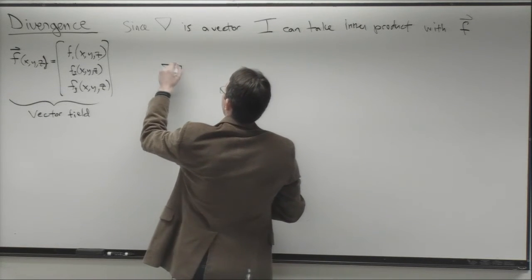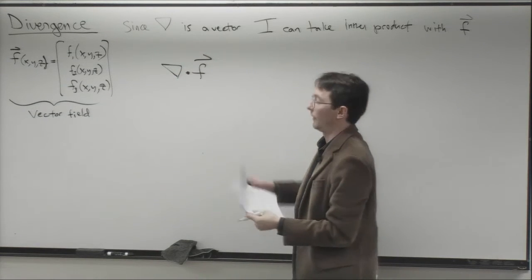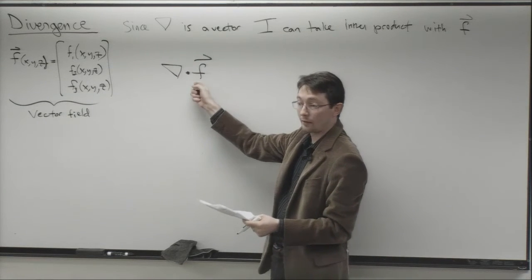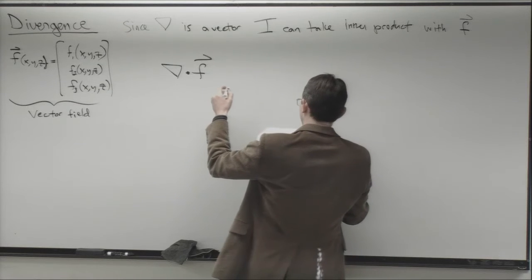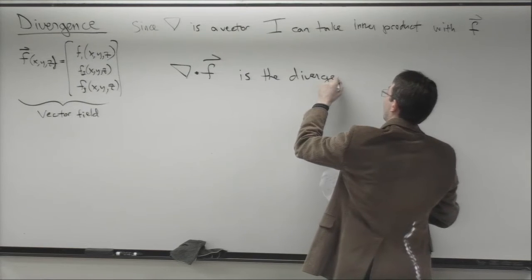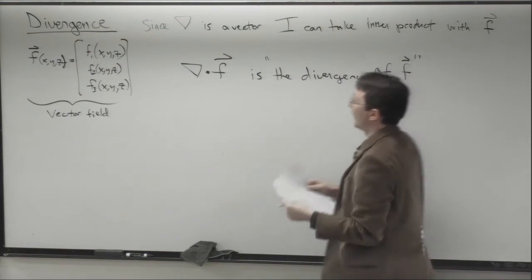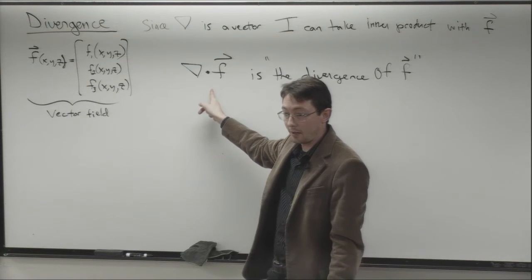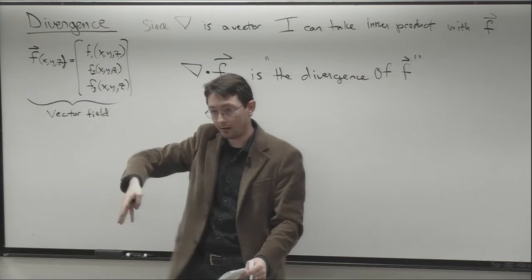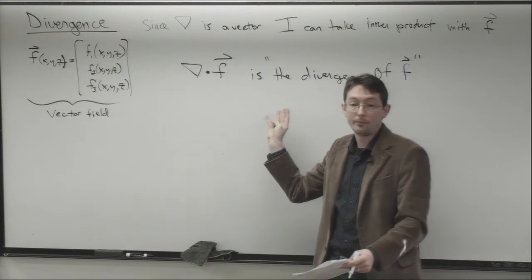So the divergence is del dot f. The dot product of my del operator with this vector field is the divergence. Okay, and this is just a number. Anytime I take the dot product of two vectors, I get a number out. So before I took the gradient of a number and I got a vector, now I'm taking the divergence of a vector and I'm getting a number.